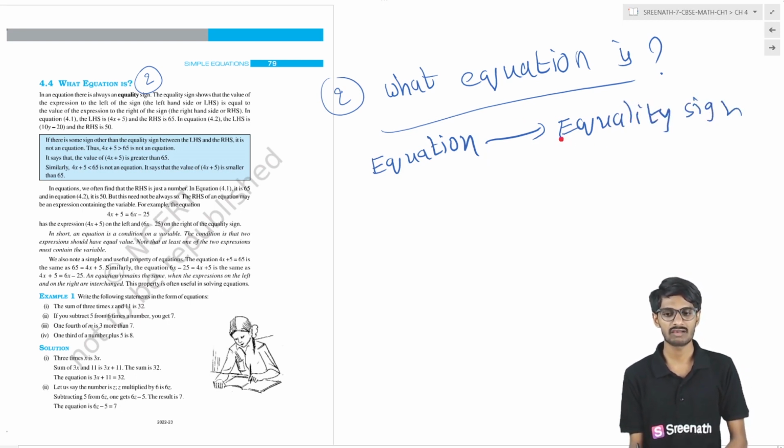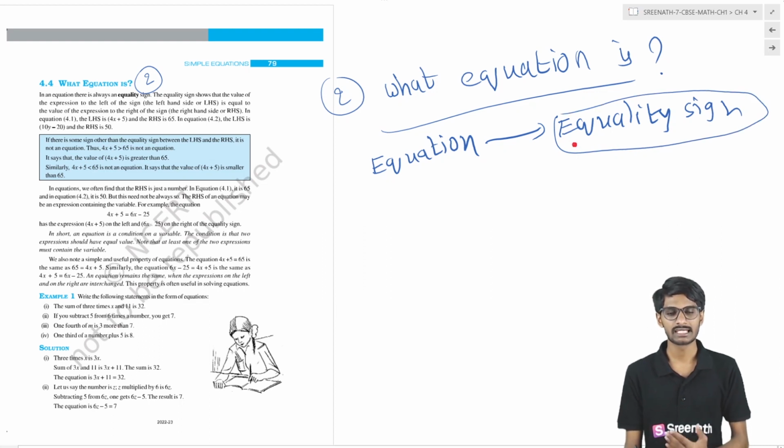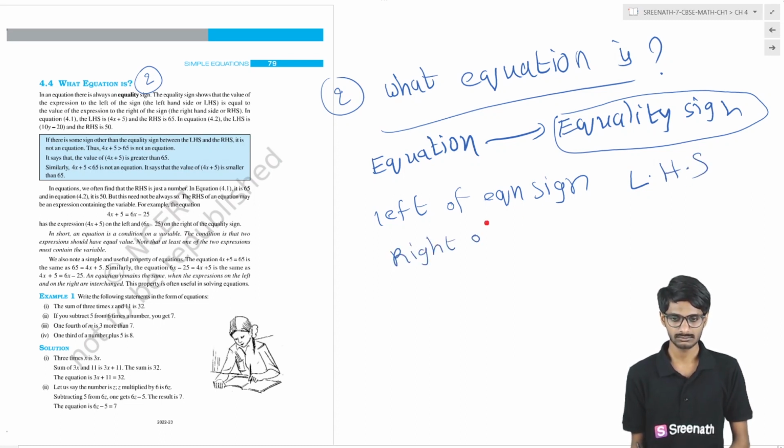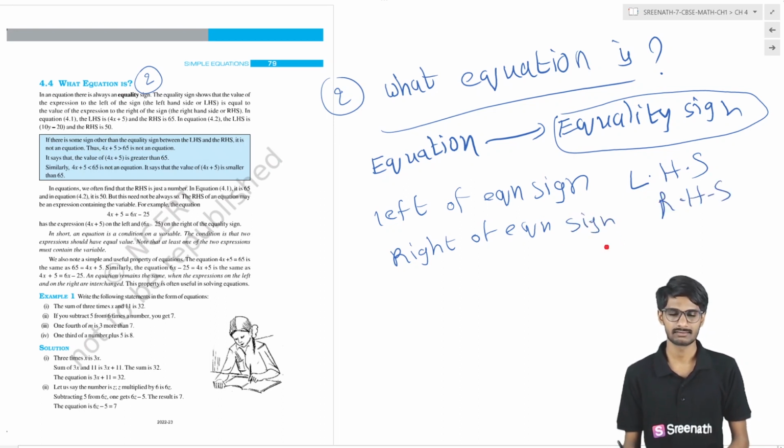To the left of the equality sign we call it the left hand side, and to the right of the equality sign we call it the right hand side.